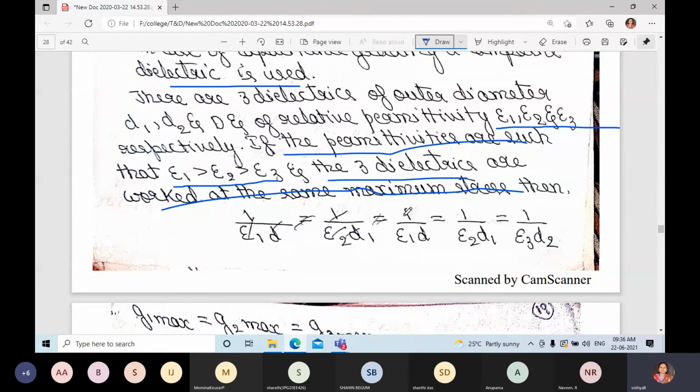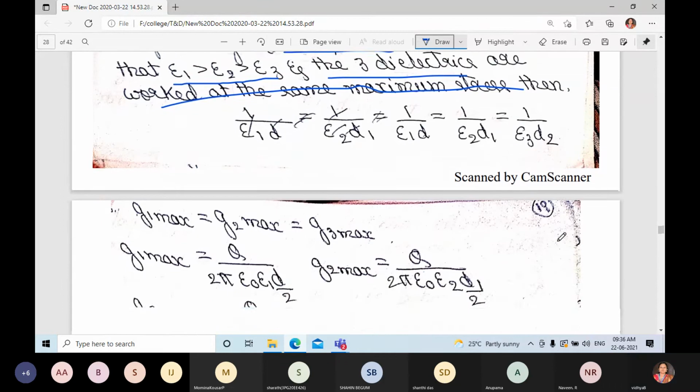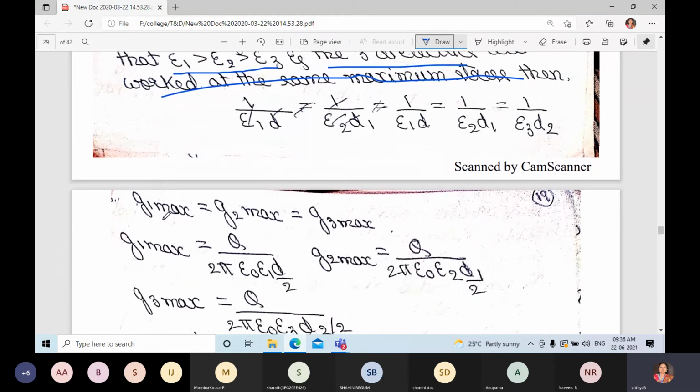We can write 1 divided by epsilon 1 into d, that is equal to 1 divided by epsilon 2 into d1, that is equal to 1 divided by epsilon 3 into d2. G1 max is equal to G2 max is equal to G3 max.